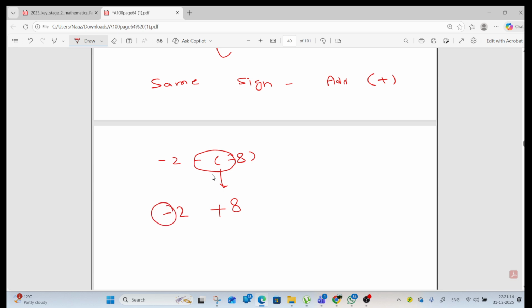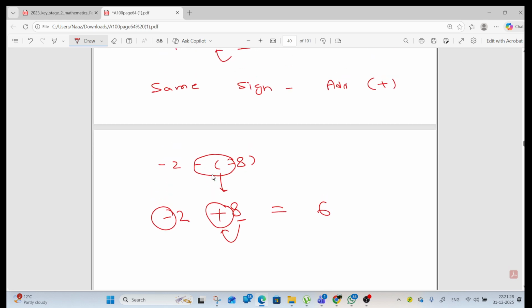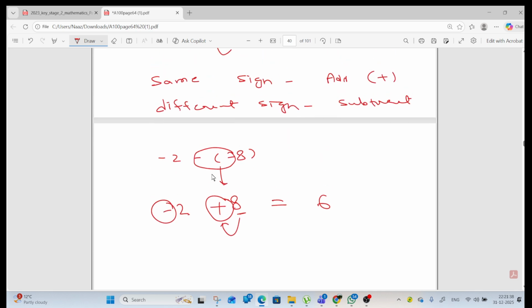If signs are different, we subtract. 8 minus 2, 6. We always put the sign of bigger number in our answer. Bigger number 8 is positive, so answer is positive. For same sign we add, for different sign we subtract, right? These rules are for addition and subtraction.